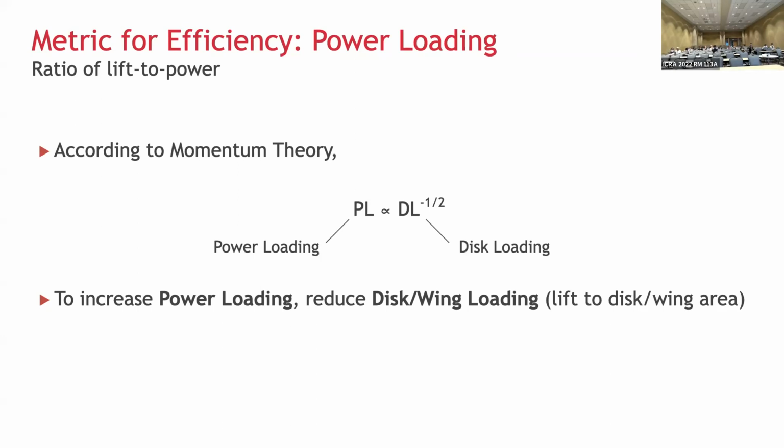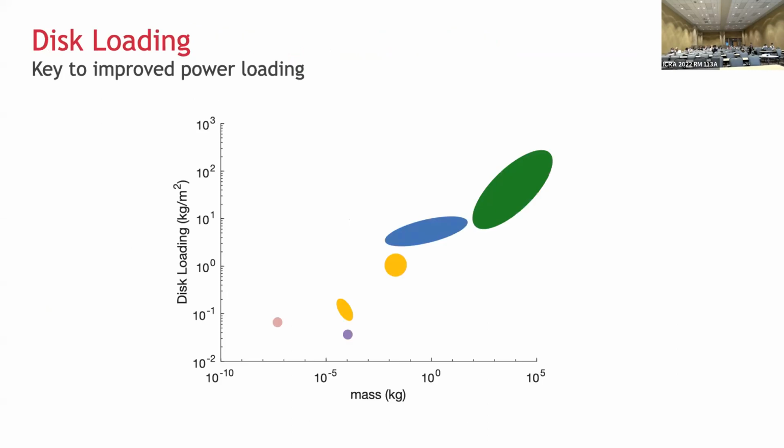So what I mean by that is this. If I consolidate some data and plot out the relationship between disk loading and mass, you can see it's pretty clear. Heavier robots have higher disk loading, and this can be explained as a simple scaling law.